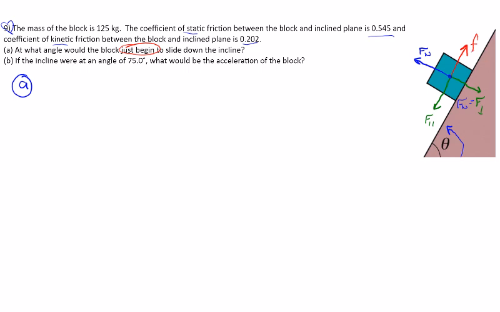And since it's just beginning to slide, this would be our static friction force. So what we did before with this problem is we went through this process. We know that F parallel would be the same as your static friction force.